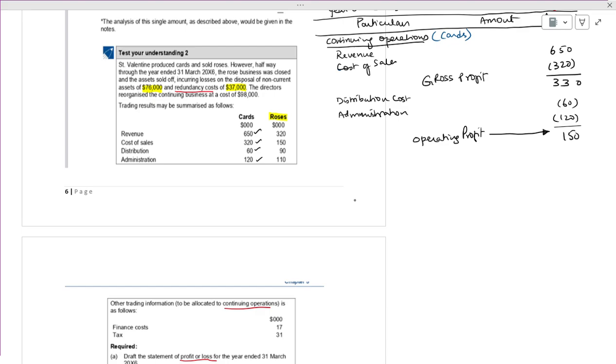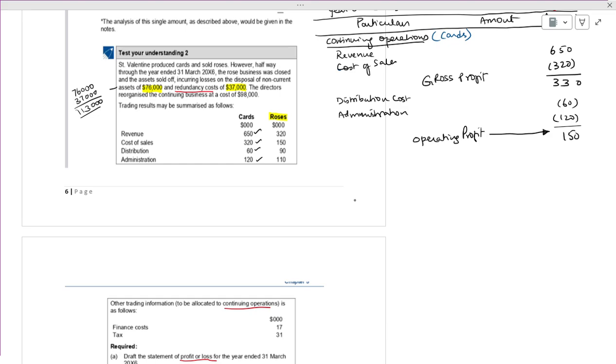And the redundancy cost is how much? 37. 76 plus 37, it comes to how much? 113. Okay, keep that one. Next.